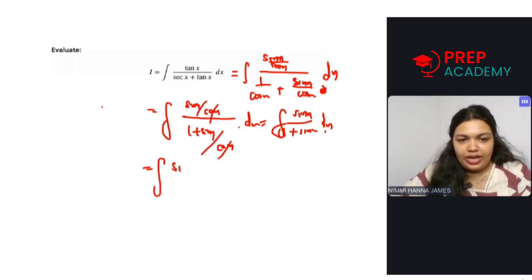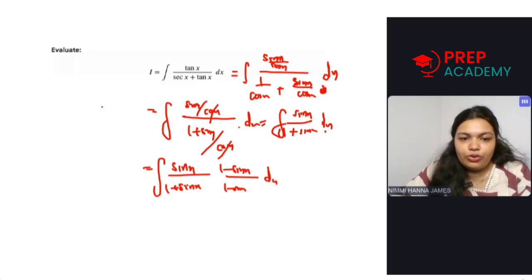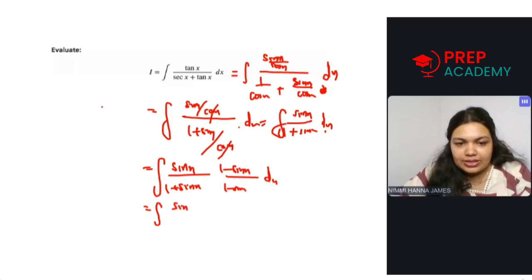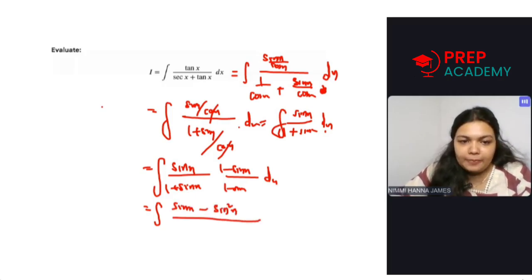So we have sin x by 1 plus sin x. I am multiplying numerator and denominator by 1 minus sin x. Let's see what we get. It is integral, opening, sin x into 1 minus sin x, sin x into 1 is sin x, minus sin square x, by 1 plus sin x into 1 minus sin x.